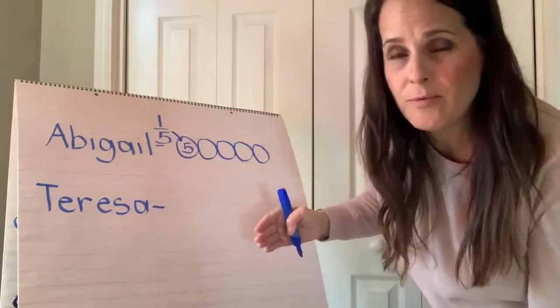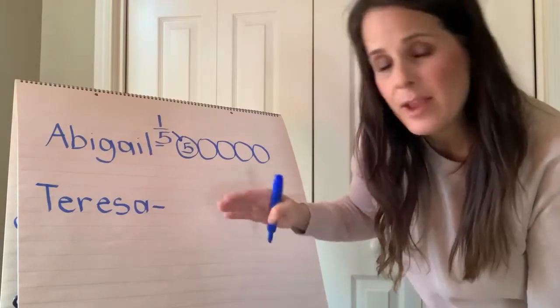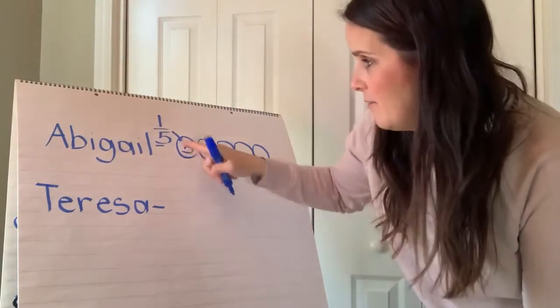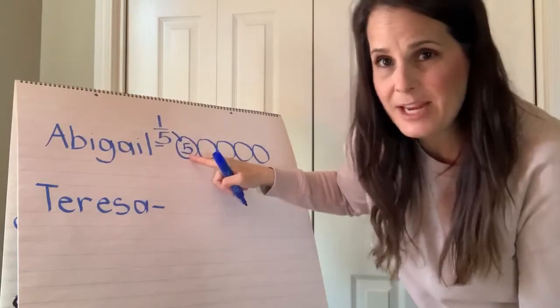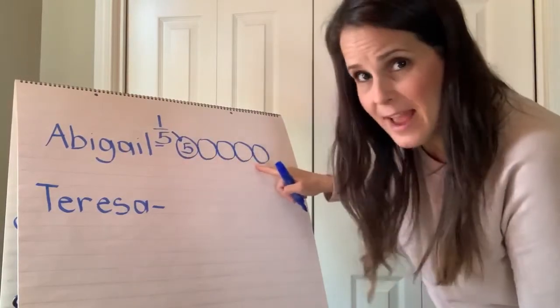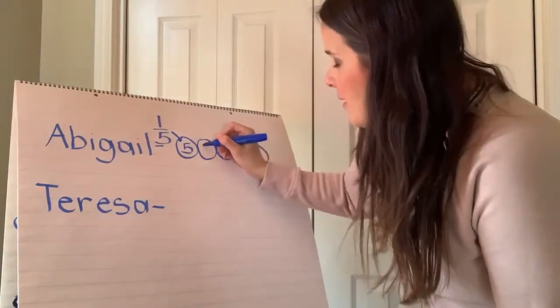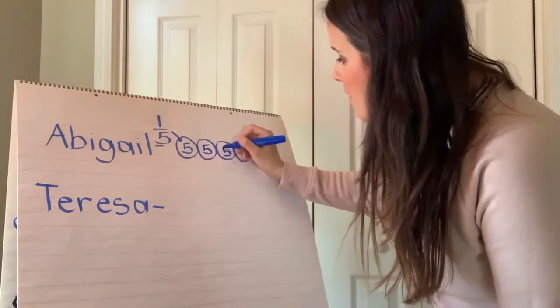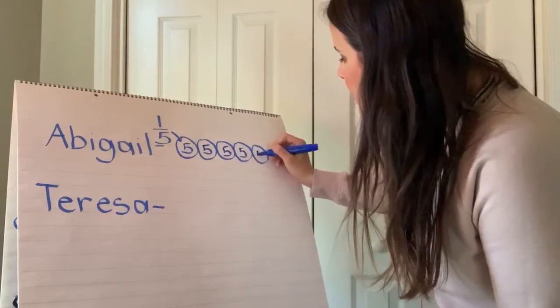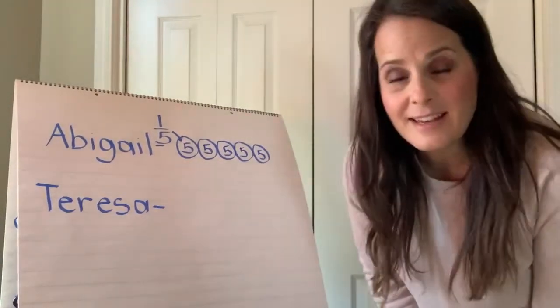And we know from fractions that they all have to be equal. So if this 1/5 has 5 pages in it, they all have to have 5 pages in it. So I'm just going to put a 5 in every one of these fifths. 5, 5, 5, 5.